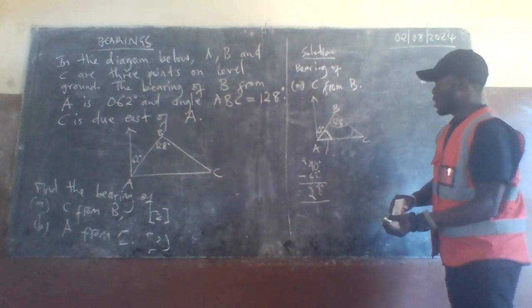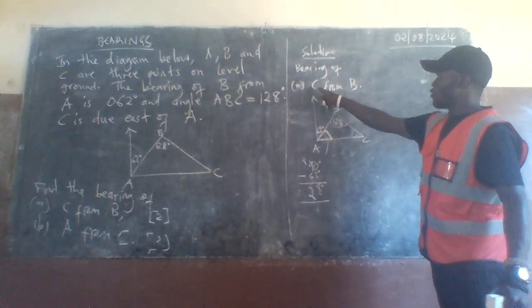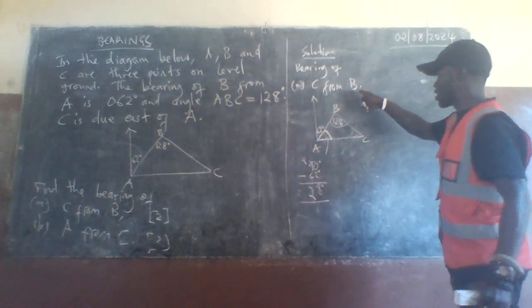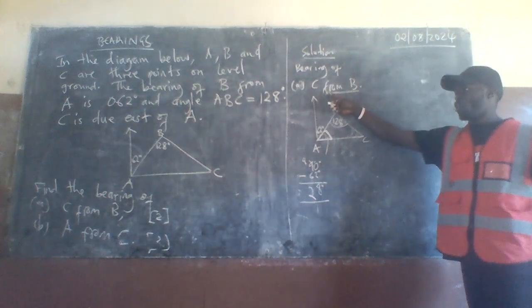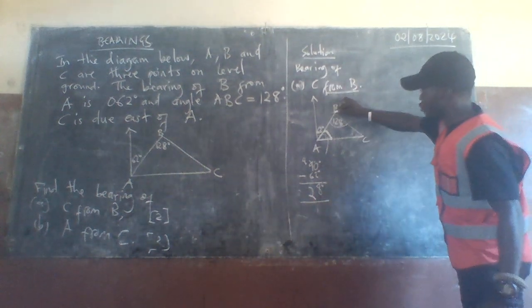Okay, coming back to this. Bearing of C from B. Always go on the from part. So this is the from.